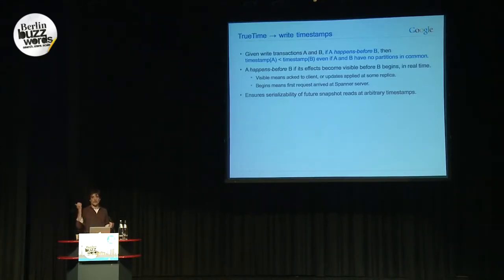It doesn't just mean acknowledged back to the client, because a transaction might become visible at some Paxos slave before it's been acknowledged back to the client. And the transaction B might be dependent on A because it read from this slave and saw the outcome of A. So it's really about the moment at which anyone could see the effects of the transaction A.